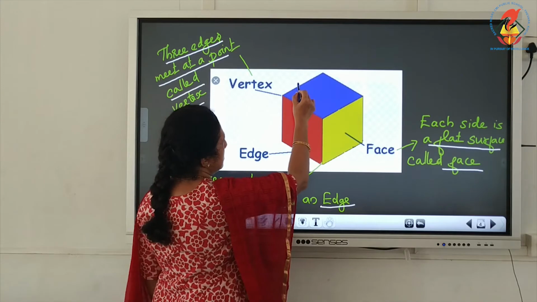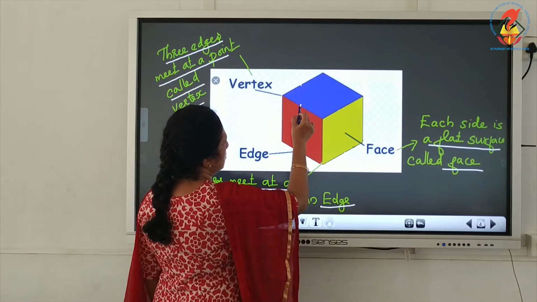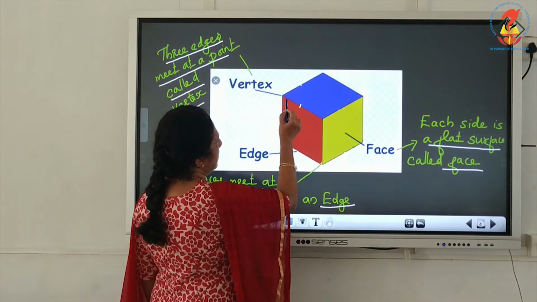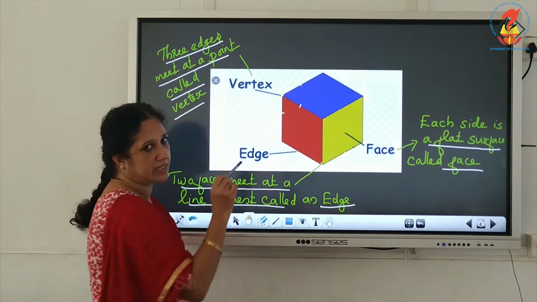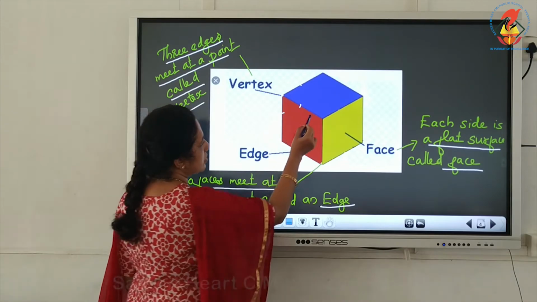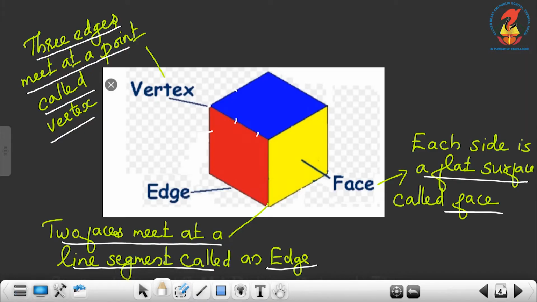Now look at the edges: 1, 2, 3. These three edges meet at a point, and the point is known as the vertex. And here also, the three edges 1, 2, 3 meet at a point, and this point we can name as what? Vertex. Here we got two vertices. So vertex is the singular form and the plural form is vertices.